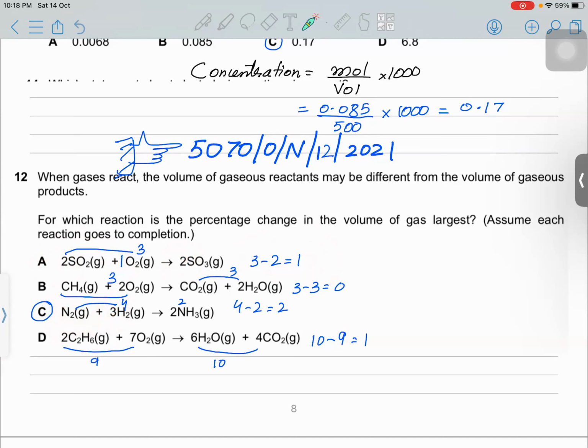Because here we have 2, here we have 1, so total 3. Okay, so 3 minus 2 equals 1. This is the easiest one. On the reactant side, you have 3 mole. On the product side, you have 2 mole. So 3 minus 2 is 1.